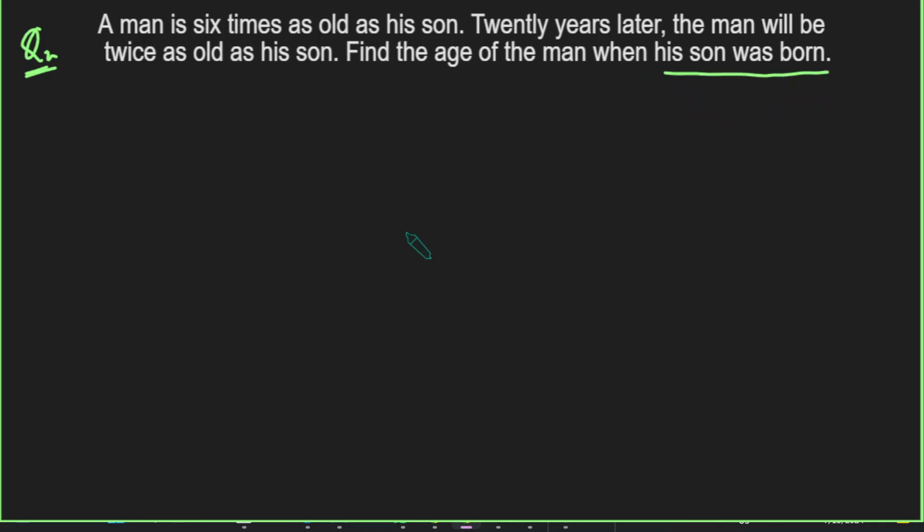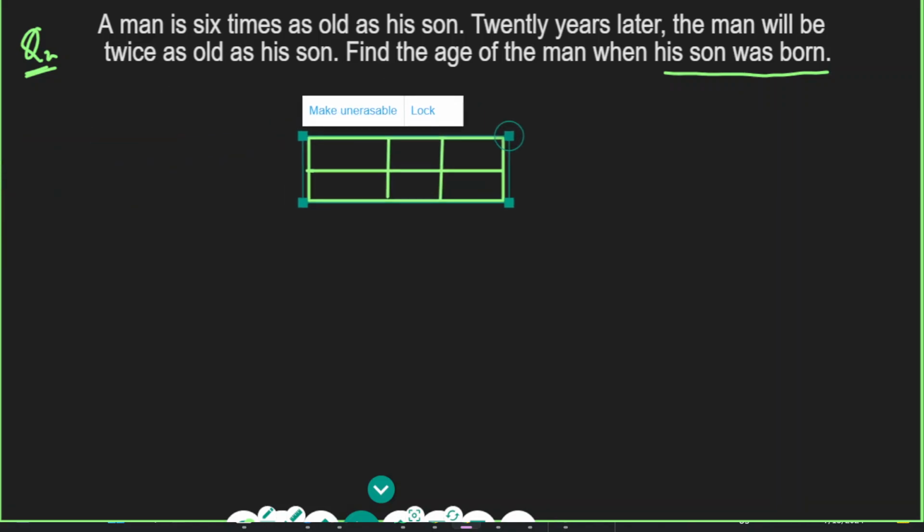Very important part. This kind of question is solved by assuming anyone's age in terms of your variable, like here we can consider the variable as x.